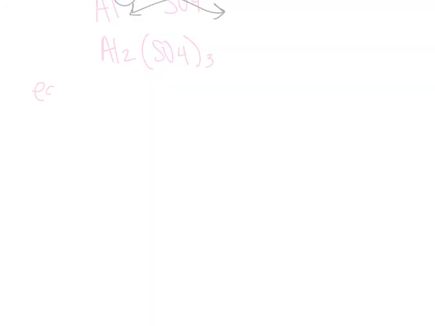Next example we'll do is lead 2 phosphate. And looking at our polyatomic ion chart or just our knowledge, we know that lead is Pb, and then because it has the Roman numeral 2, it'll be a 2 plus.